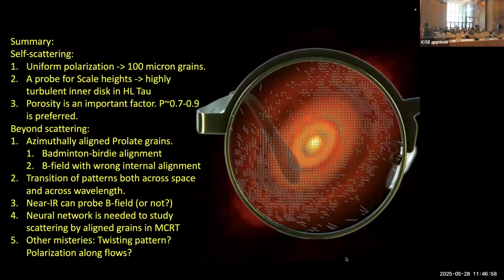Any other questions? Yeah, I think one potential way to probe magnetic fields in the disk would be waiting for SKA. Because at longer wavelengths, it is optically thin, and then the magnetic field alignment would be dominant, as you see in the optically thin case compared to the optically thick case.